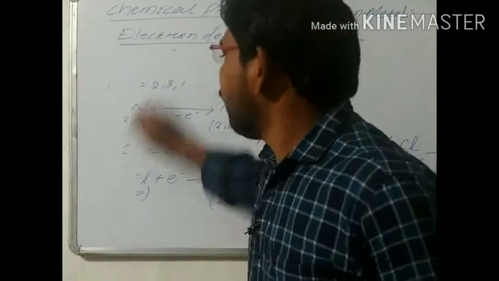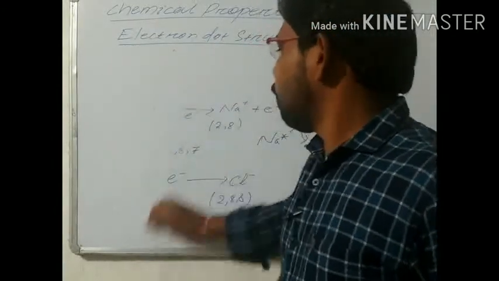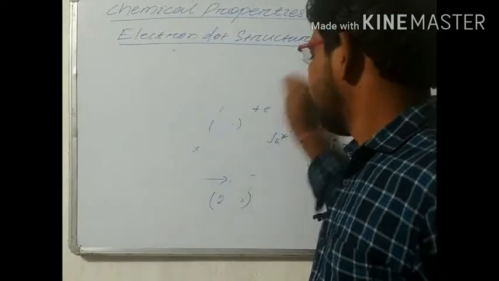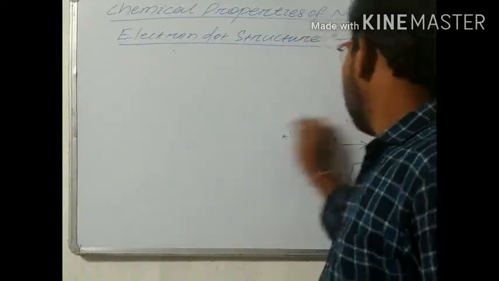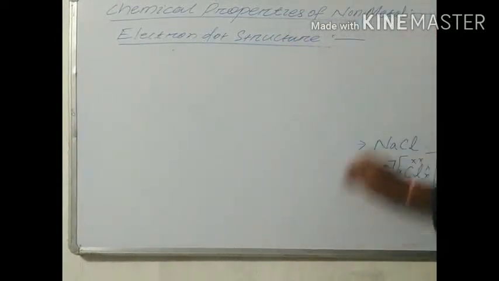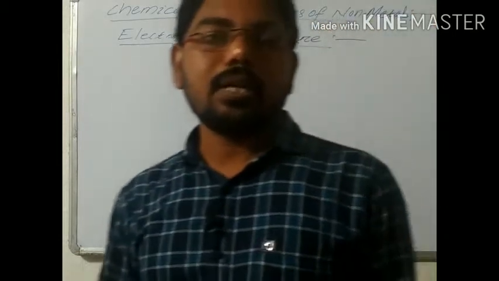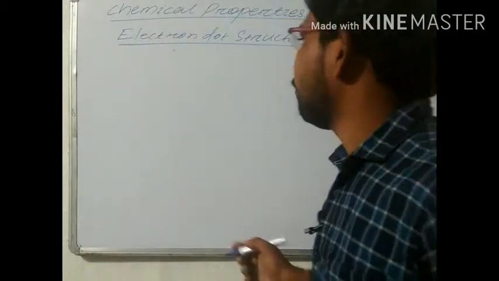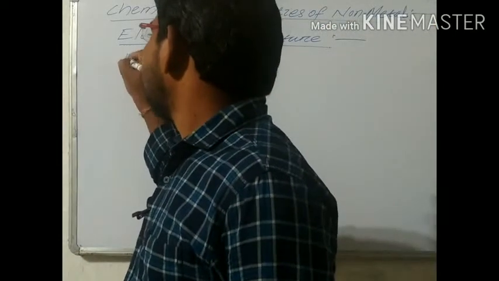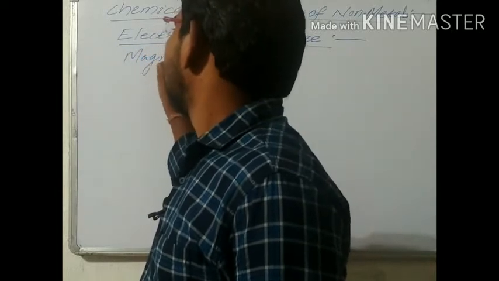Again, one more example we will discuss, the electron dot structure of magnesium chloride. In case of magnesium chloride also, magnesium loses 2 electrons because magnesium is a metal, and 2 chlorine atoms are there, and each chlorine gains 1 electron.